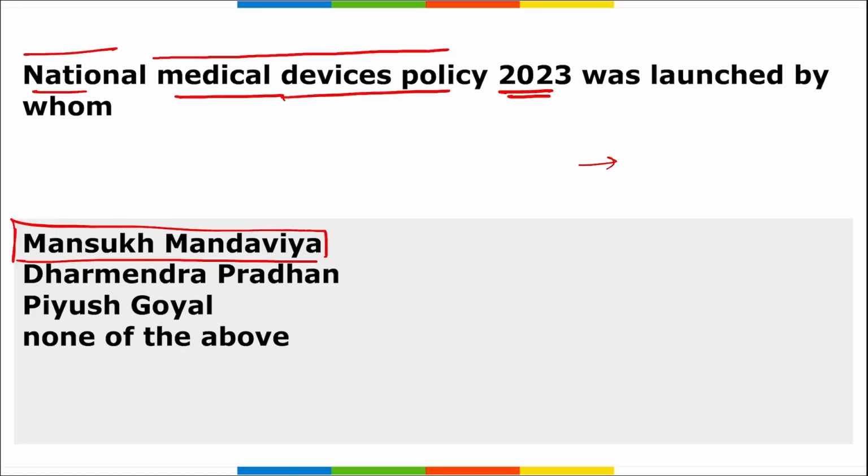First, we should know that during COVID-19, when COVID struck, many countries were facing various issues related to medical supplies, be it equipment or medicines. During that time, India emerged as one of the best countries, exporting medicines and medical equipment to different parts of the world.